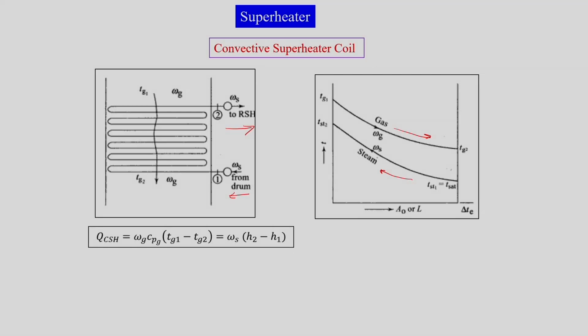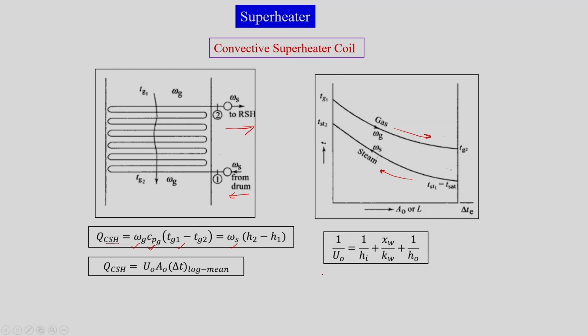The convective superheater will have heat exchange, which is mass flow rate of flue gas into Cp of flue gas into temperature change, which is equal to change in enthalpy into mass flow rate of the steam. And then we can also represent the total heat transfer as UA delta T log mean.